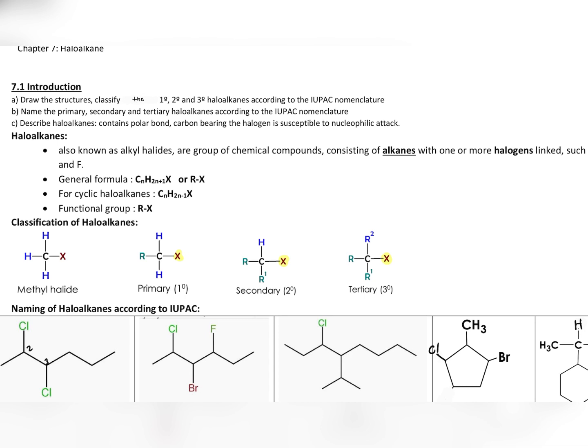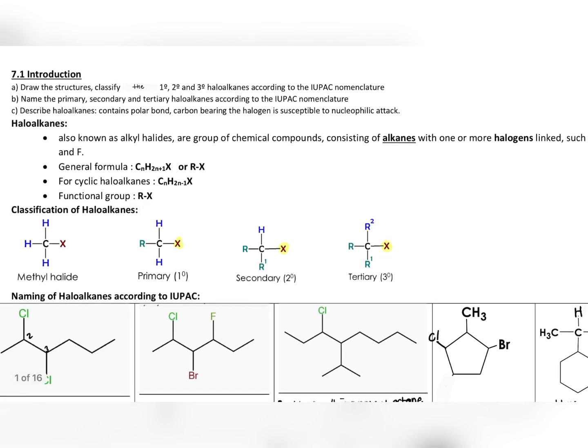And the general formula for haloalkane is CnH2n+1X. Okay, this is your halogen. Or for cyclic haloalkane, it will be CnH2n-1 because you have one less hydrogen. And the functional group is the halogen lah.